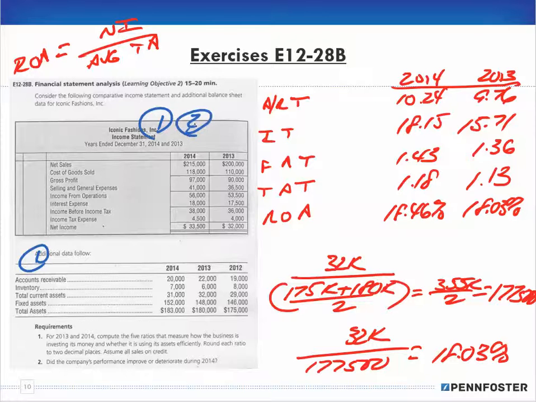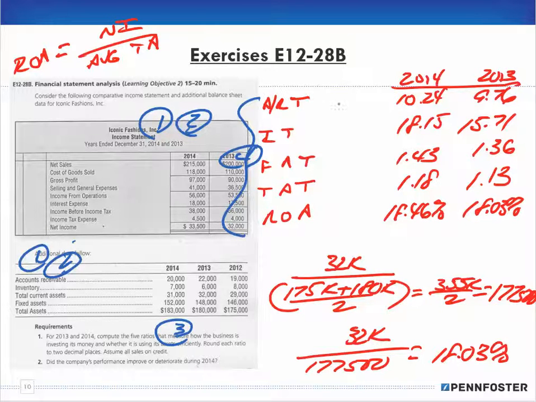Then number two, you can create a comparative income statement and balance sheet using either the vertical or the horizontal analysis. Then number three is your key questions. What key questions are you going to be trying to solve for? And then, doing that, you're looking at the various ratios that pertain to that key question.